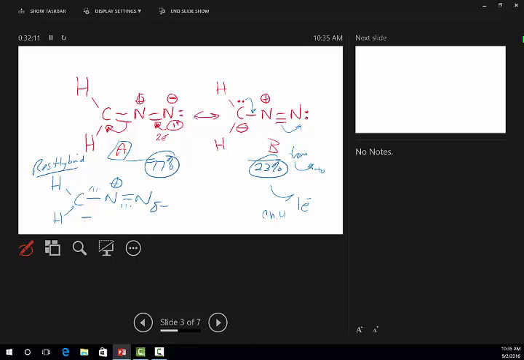So then the question becomes, if I ask you to do this for next Wednesday, I have a take-home quiz for you, I'm going to say, write all the resonance structures where each atom has a completed octet. For the moment, whenever I give you a problem, I'll tell you whether you're allowed to write incomplete octets or not. For the moment, they have to have completed octets, and we're not going to do expanded octets.